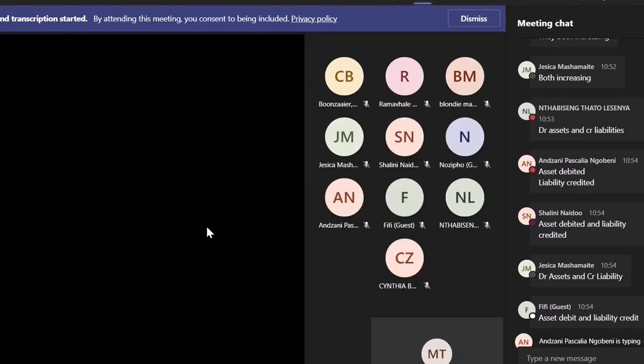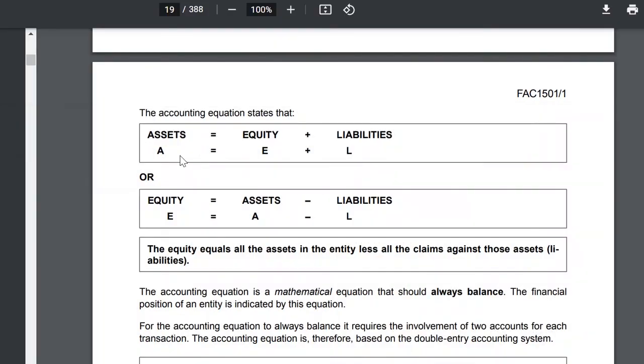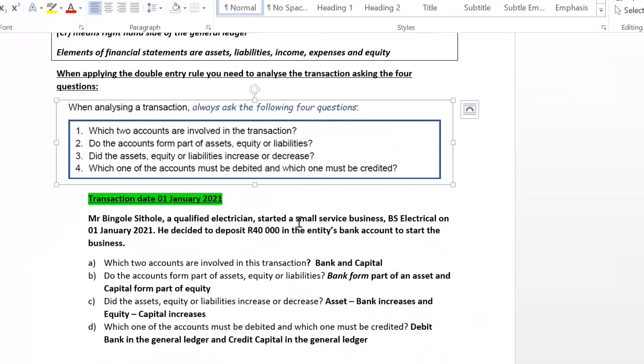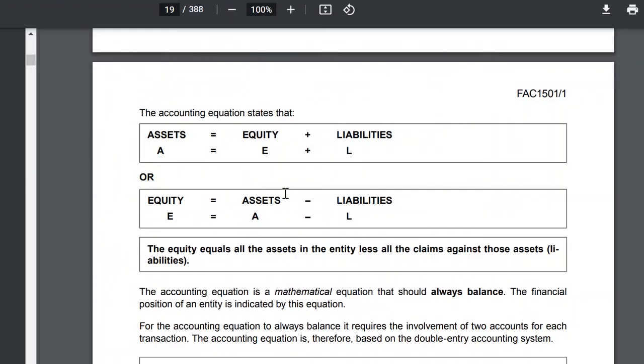Do you agree with Blondie? Blondie is saying plus 7,000 assets, bank, plus 7,000 asset, toolbox, plus 7,000 creditors. So basically the equation will be plus toolbox 7,000, plus 0 for equity, and then plus 7,000 for creditors.